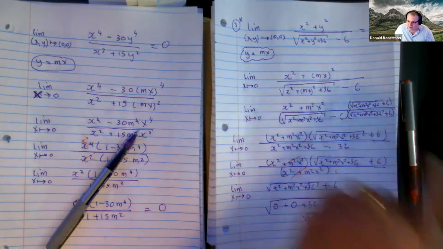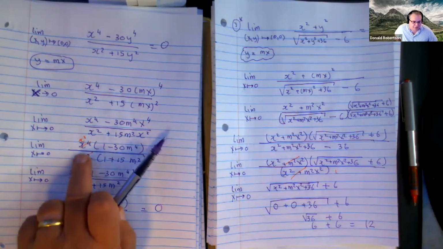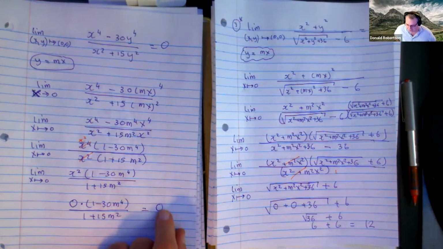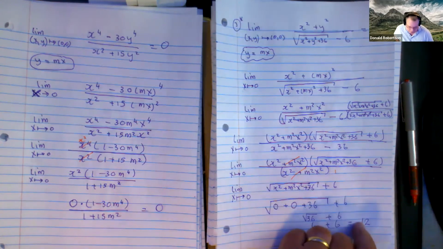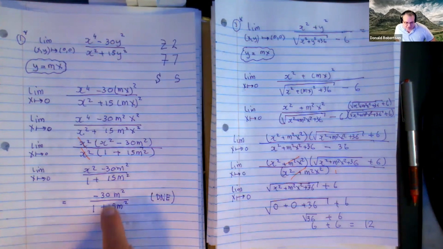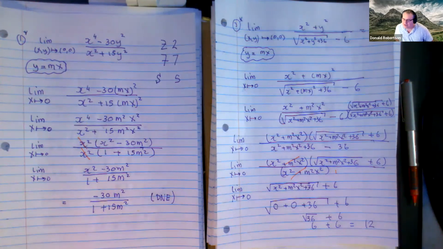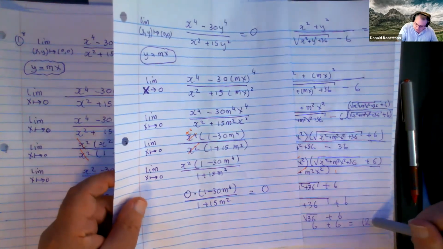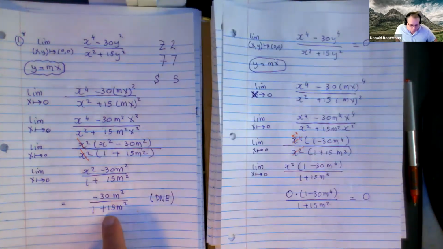You then tidy it up the best way you can, cancel, whatever. And if you're left with a number 0, that's a limit. If you're left with number 12, that's a limit. But if you're left with anything that's got m's in it, then that means the limit does not exist, right? So it tells you when it's 0, it tells you when it's a number like 12, and it also tells you when it doesn't exist.